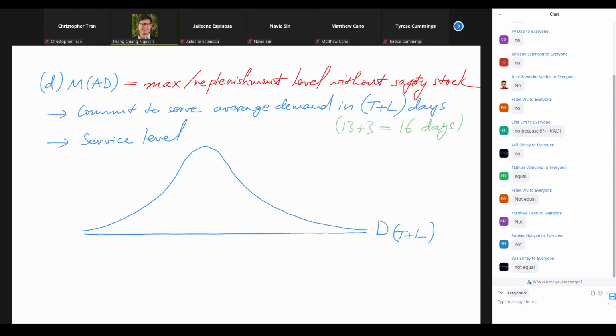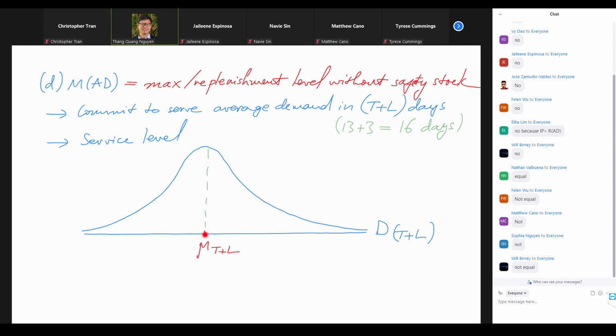It means that a lot of the time it will vary around the average right here, which is mu T plus L. It's not L anymore, it's T plus L, because that's the time horizon ahead of us, T plus L, or 16 days. Okay, so because we commit to the average demand, right? So we only try to retain this much to sell during the T plus L days.